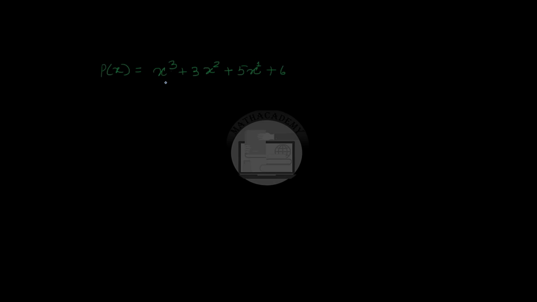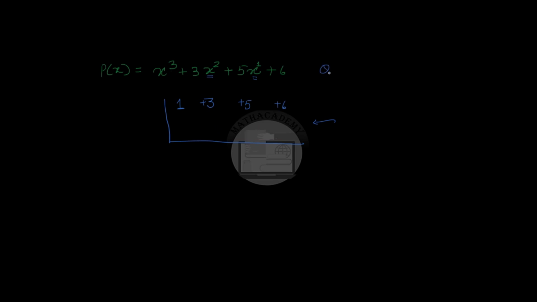So coefficient of x cube is 1, coefficient of x square is plus 3, coefficient of x is plus 5, and the constant term is plus 6. We draw a line, leave some space here because we have to write more numbers here.